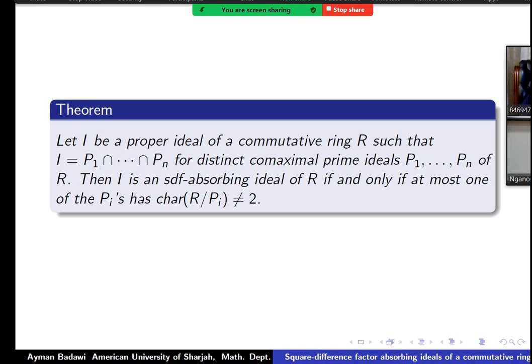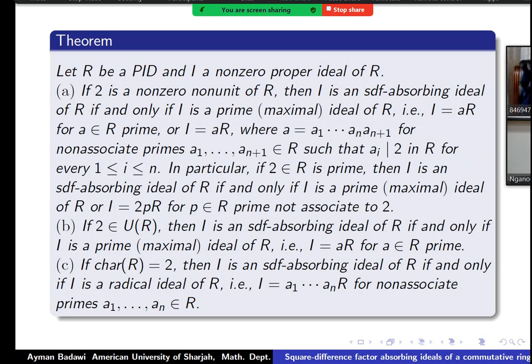That is, if and only if at most one of the rings R mod P_i has characteristic not equal to 2. Okay, we have a complete answer for a principal ideal domain.